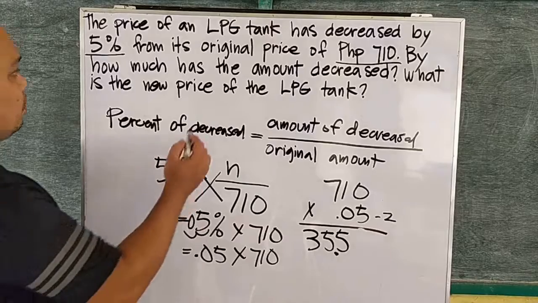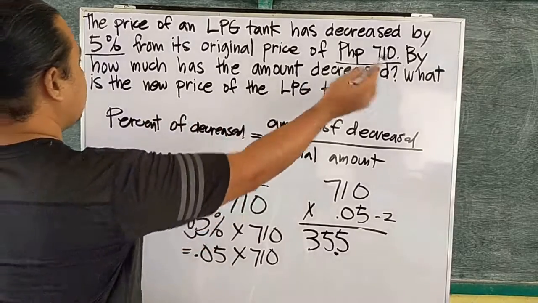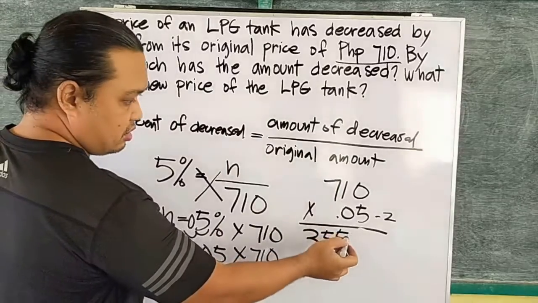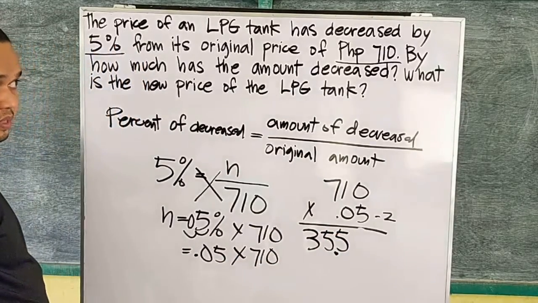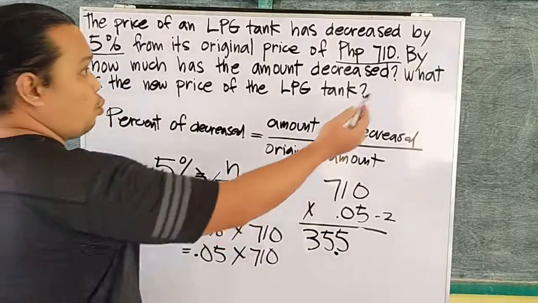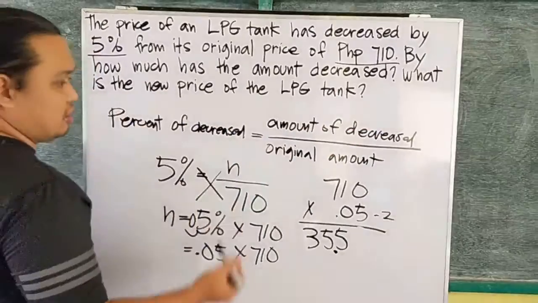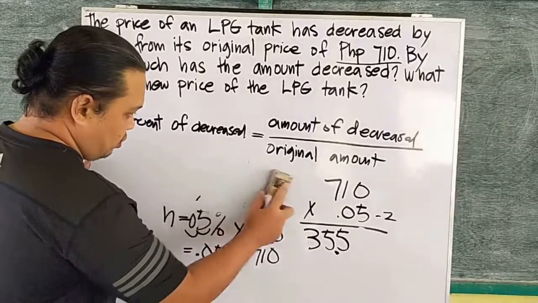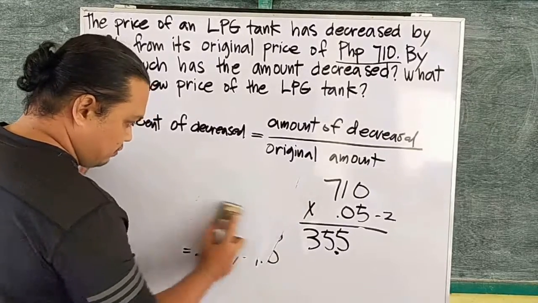So by how much has the amount decreased? That's 35.5. Next question, what is the new price of the LPG tank? That's the next thing we have to find out.